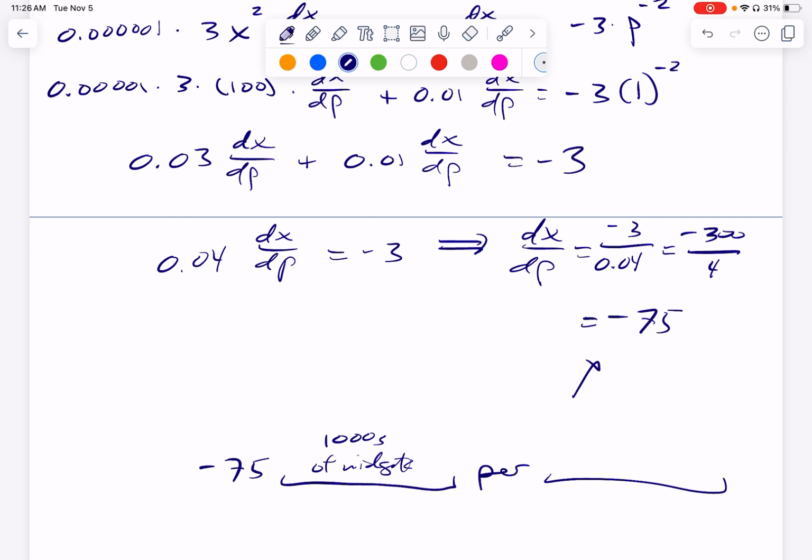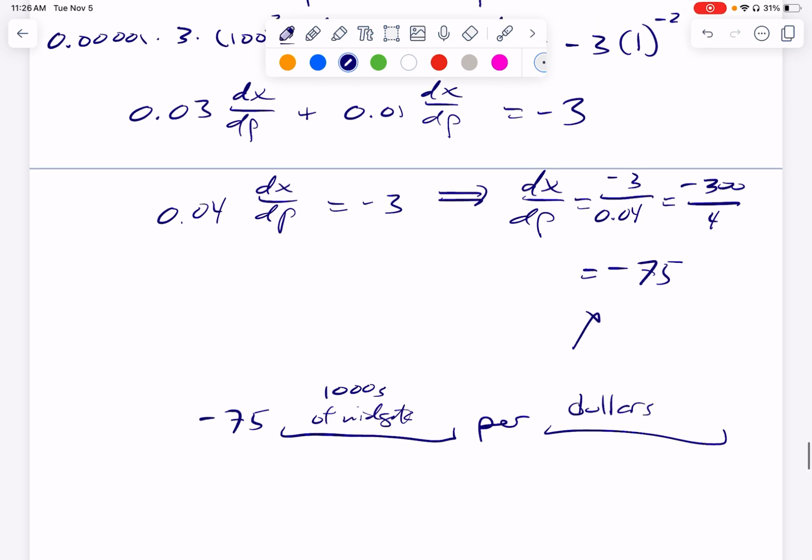P is measuring price in dollars. So we might rearrange this as negative 75,000 per dollar. This is the rate at which quantity changes.